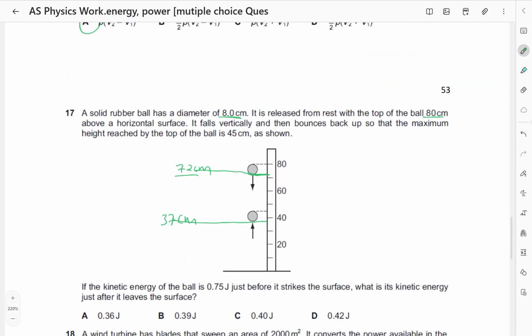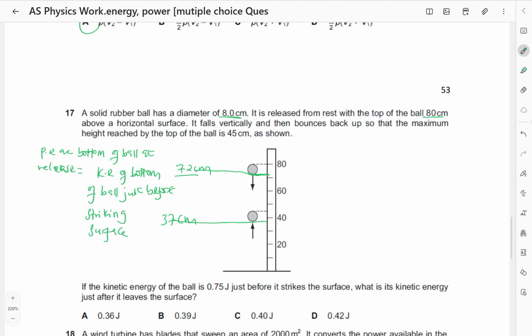The potential energy at the bottom of the ball, not at the top, at the bottom of the ball at release, or at the point of release, should be equal to the kinetic energy of the bottom of the ball just before striking the surface, or before hitting the surface.